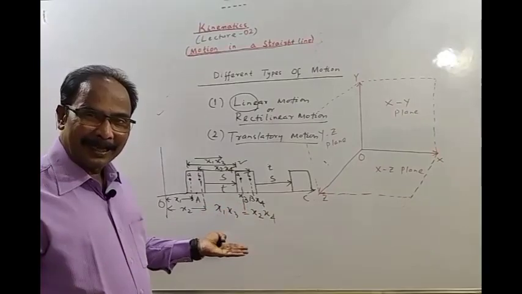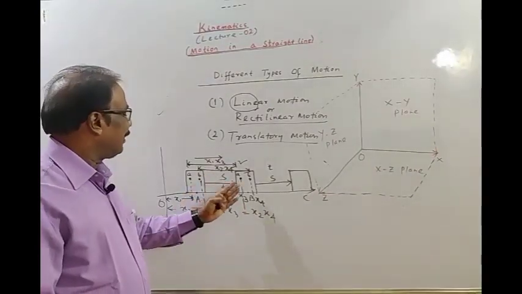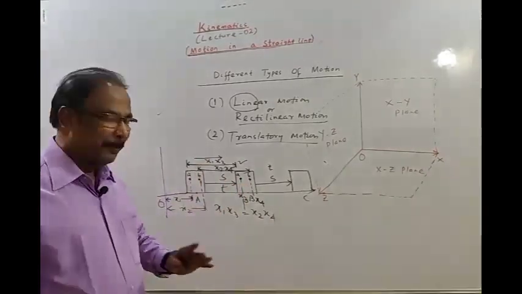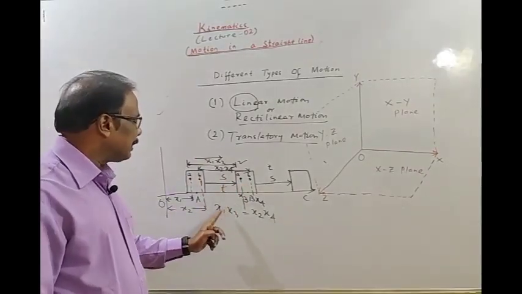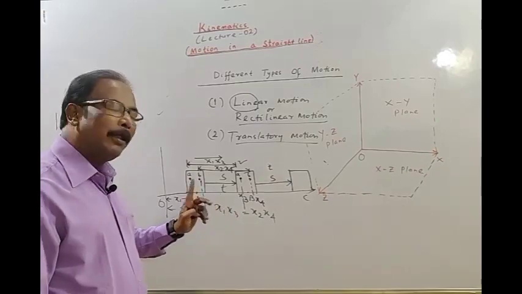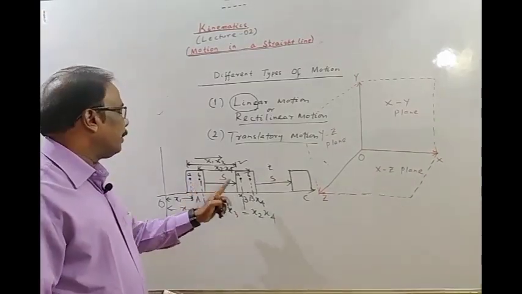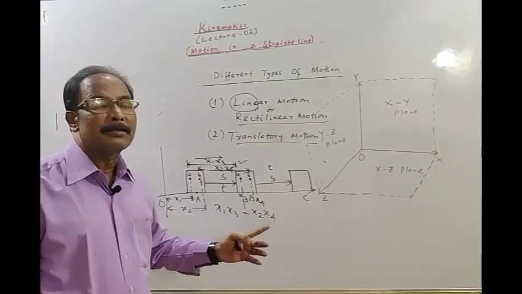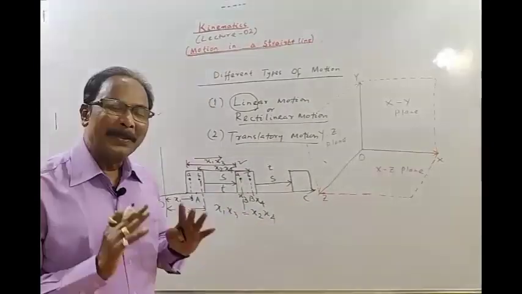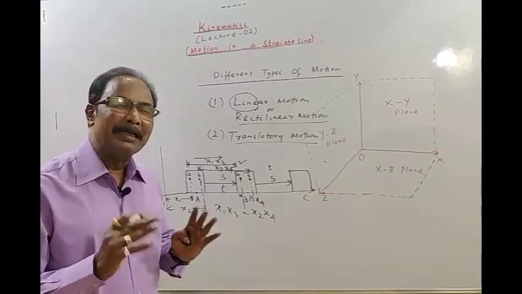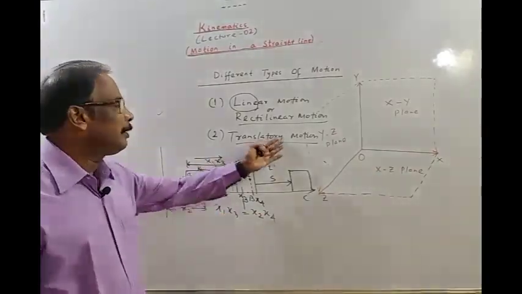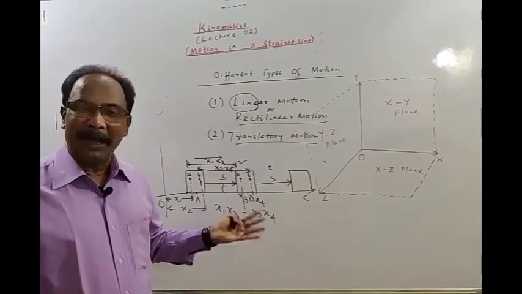Both distances are the same because the body has moved from position A to position B in time t. Particle A covers the distance x1 to x3 in time t, and particle B covers the distance x2 to x4 in time t. So the particles of a body must cover the same distance in the same interval of time when the body executes translatory motion.